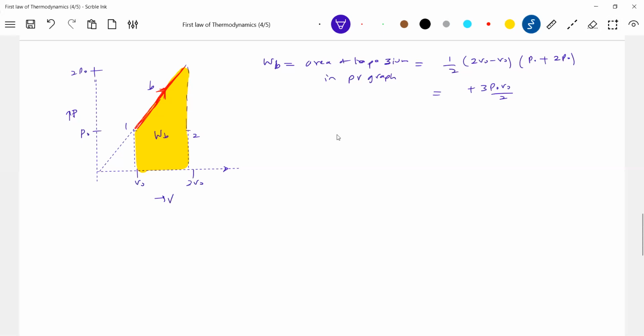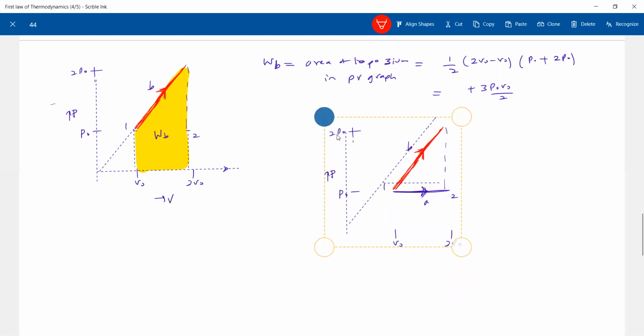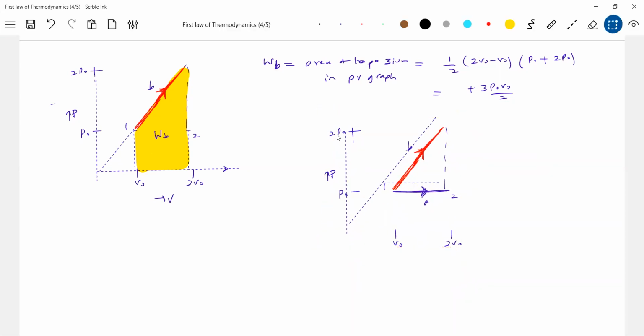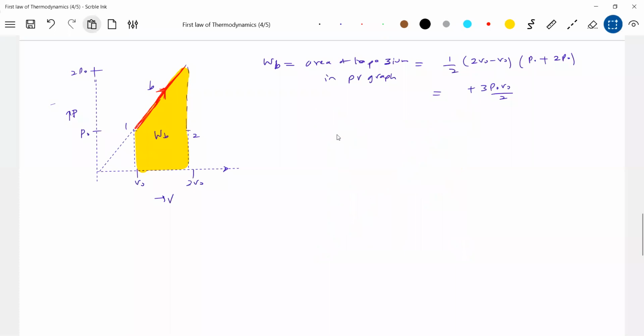Similarly, work done along the path A. What happened? Not getting. Okay, we'll draw it. Now for path A, let me show it separately.